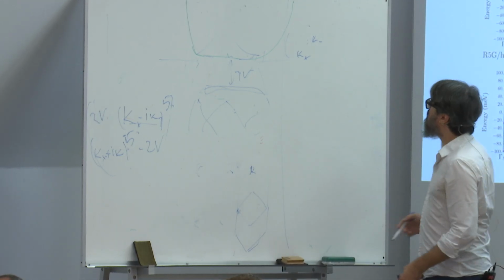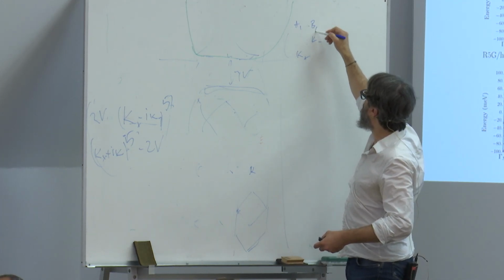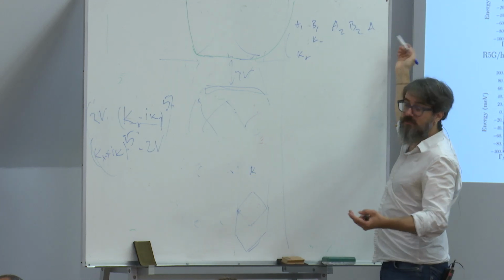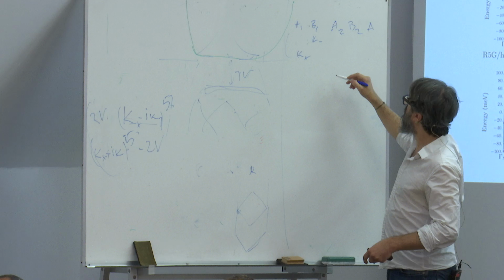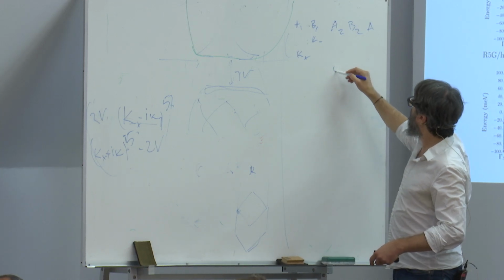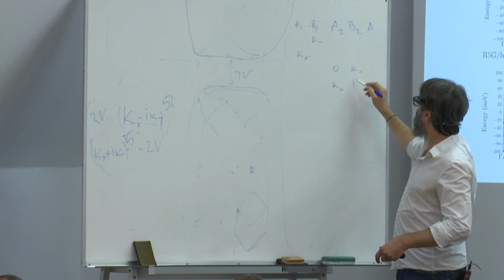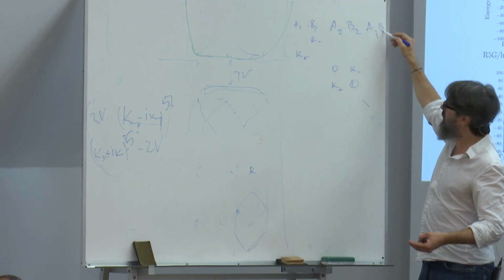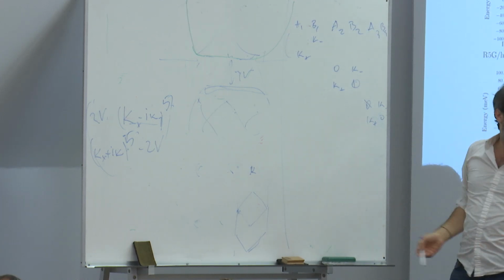If this is A1, B1 of the first layer, A2, B2 of the second layer, this is my basis, then the uncoupled Hamiltonian is K minus, K plus, 0, etc., then A3, B3 of the third layer, 0, K minus, K plus, 0.